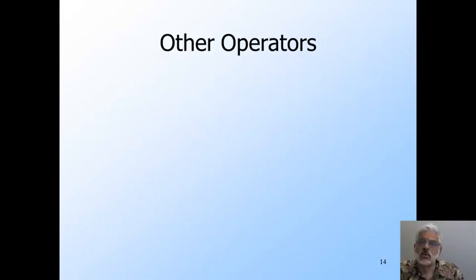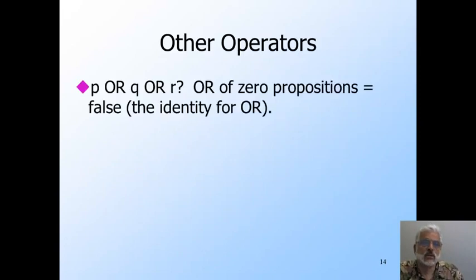Here are some other examples where the identity for the operator is the only thing that makes sense. The OR of zero propositional variables is false because false is the identity for OR. That is, false OR x equals x.